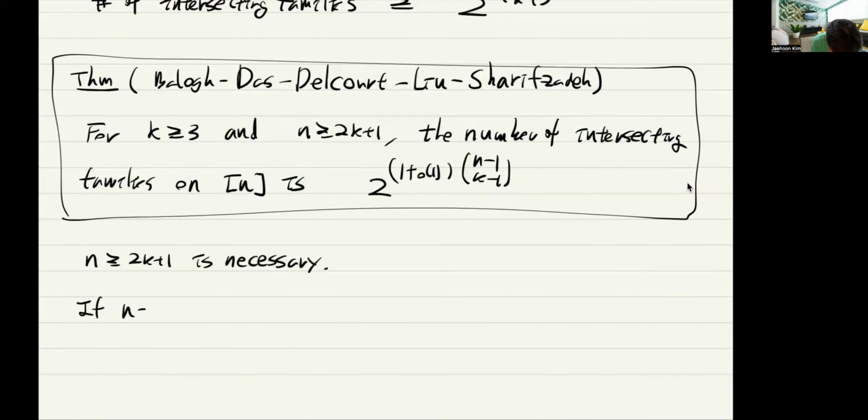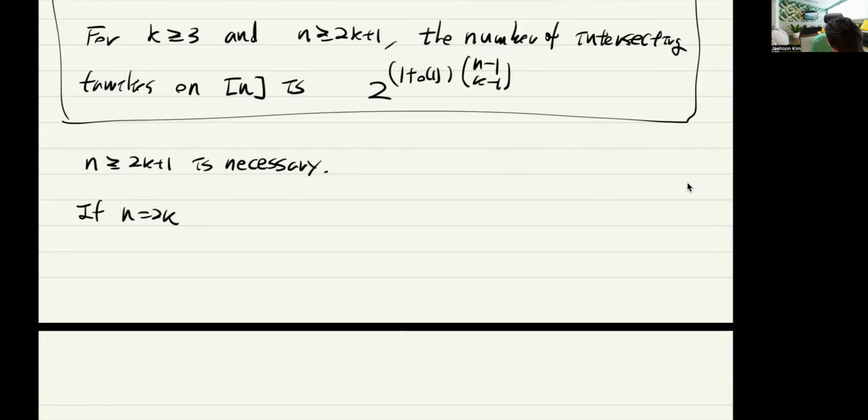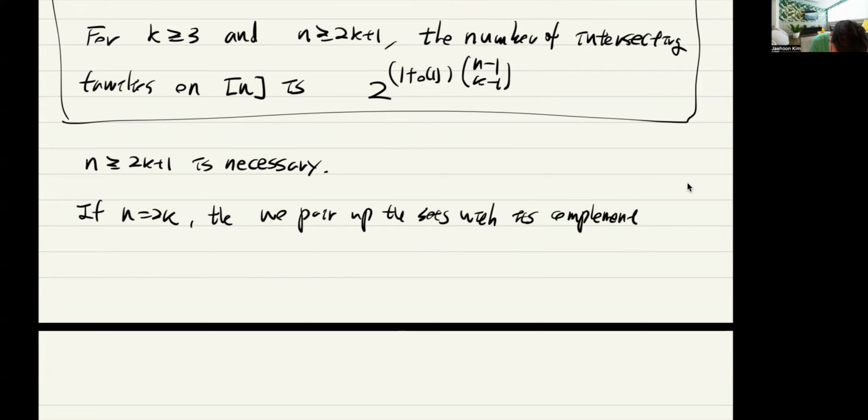Why? If n equals 2k, then we can actually get more. Then we pair up the sets with their complements, so A and the complement of A. There are half times n choose k pairs.